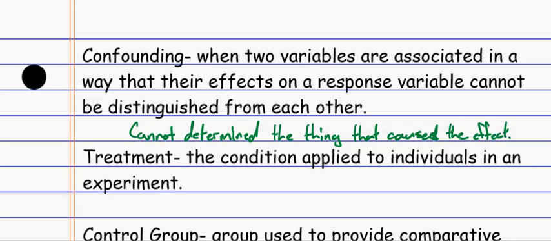Okay, and that's the big thing. If there's more than one thing that could have caused the result that we're looking at, well, then that's confounding. If I can't narrow it down to one thing, I have confounding in this experiment.